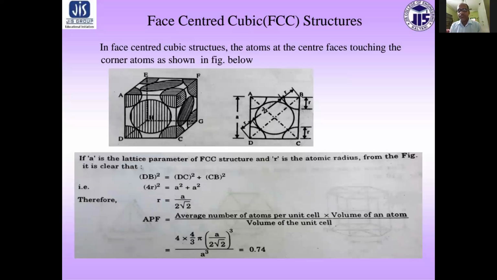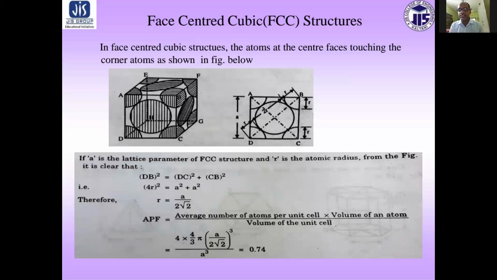Now APF, from the definition, is the average number of atoms per unit cell times the volume of an atom, divided by the volume of the unit cell. From the last session, we know the average number of atoms per unit cell in an FCC structure is effectively 4, and the volume of an atom, taken as a hard sphere, is 4/3 pi r cubed. Here we replace r by a by 2 root 2.